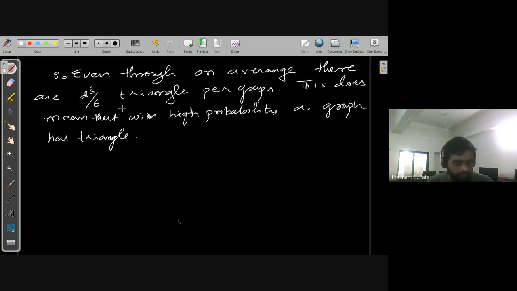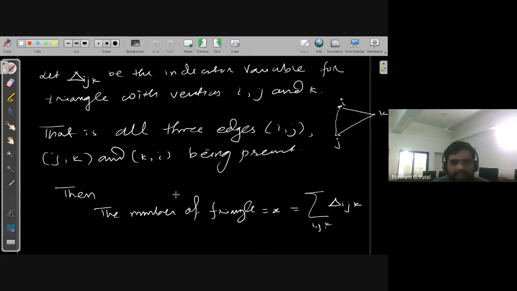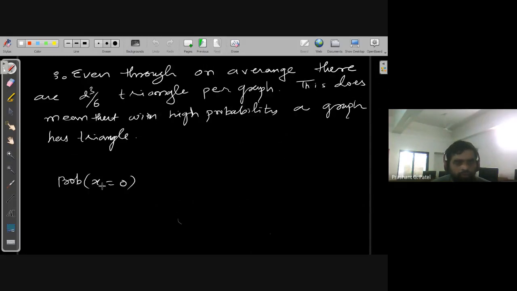And to see this, we need to understand what our objective is, which is to prove that the probability of x equal to 0 tends to 0. What is x? We have already defined x as the number of triangles in the graph.